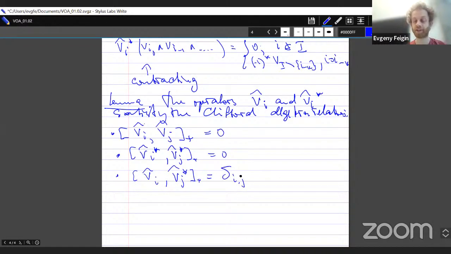Everywhere we have anti-commutators because we are acting on the wedge space.